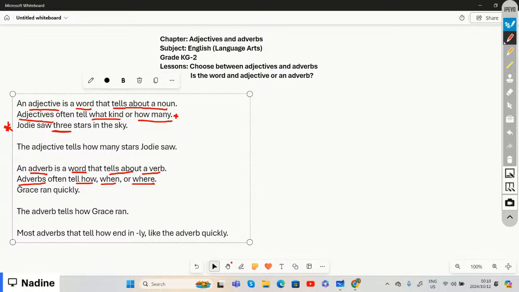And if we look at an example of an adverb, then we can say Grace ran quickly. Grace ran quickly. When it comes to adverbs, we need to ask ourselves, how did Grace run? And then we can say she ran quickly. So quickly is our adverb that tells us how Grace ran.